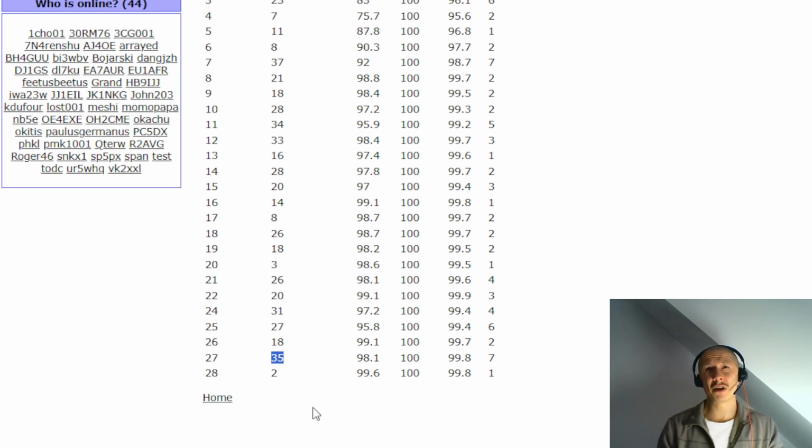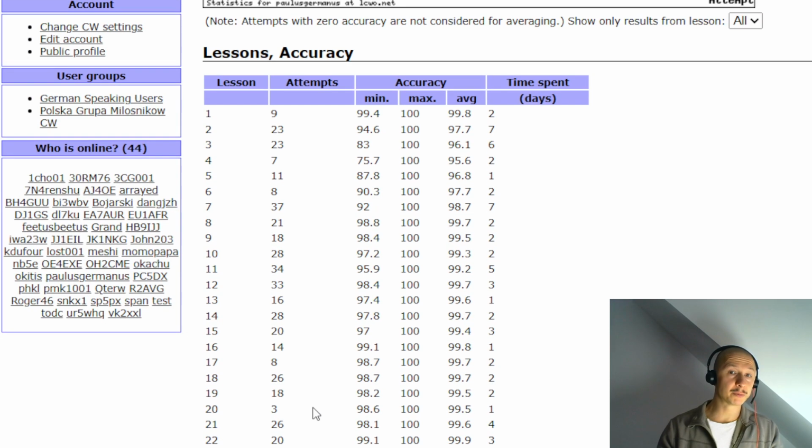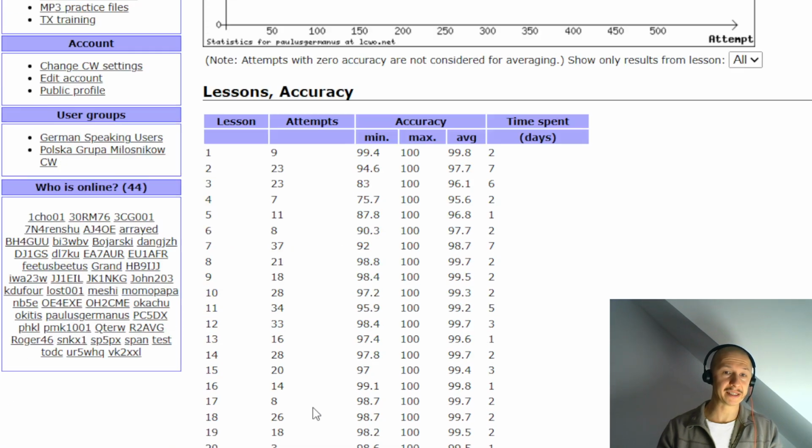around 30 practice sessions puts me in a place of being completely comfortable with the material covered so far. I'm able to very easily discern between the characters I've learned so far, I'm making very few mistakes, and it's a place where I feel that if I was to shorten the Farnsworth spacing, I would gradually get to 24 words per minute and no Farnsworth spacing at all, right?